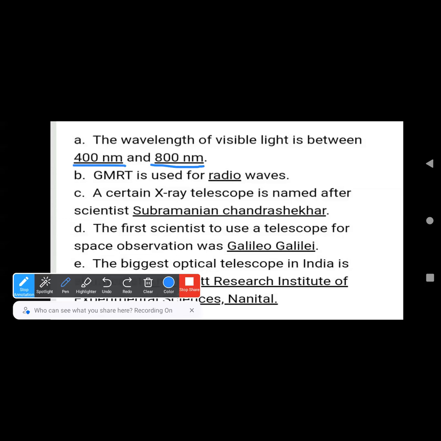The second question is GMRT is used for dash waves. GMRT, we have studied this in the radio telescope, isn't it? So the full form of GMRT is Giant Meter Wave Radio Telescope. So it collects the radio waves, isn't it? So the answer is radio waves.